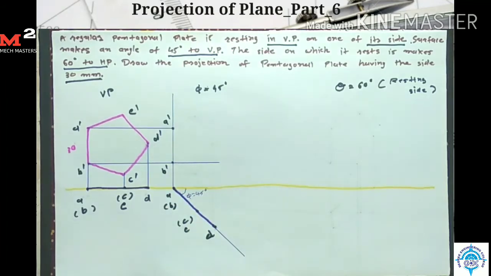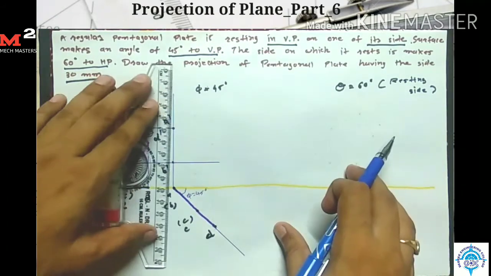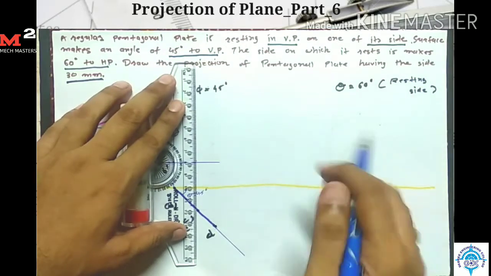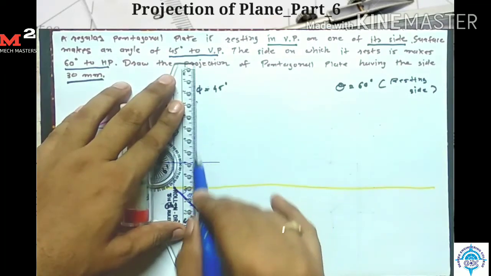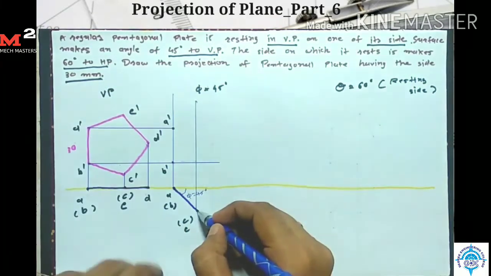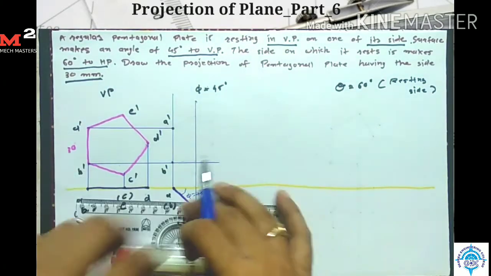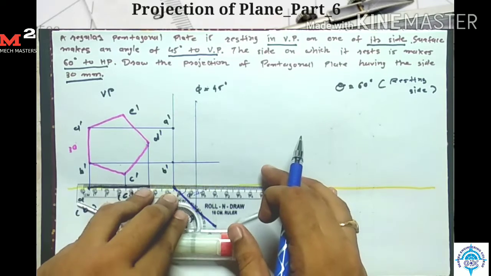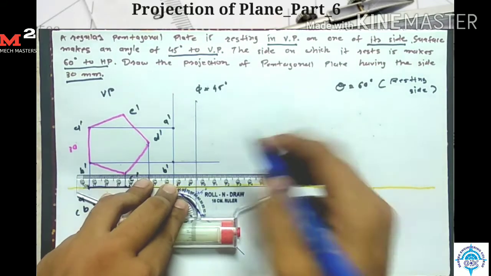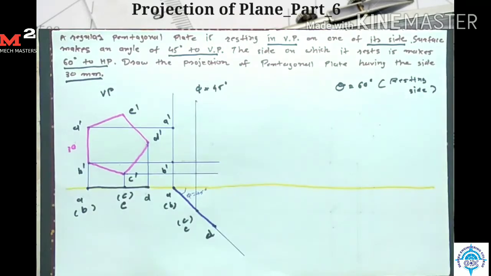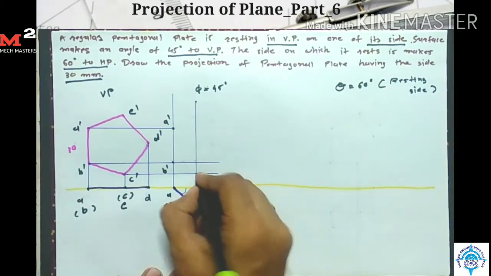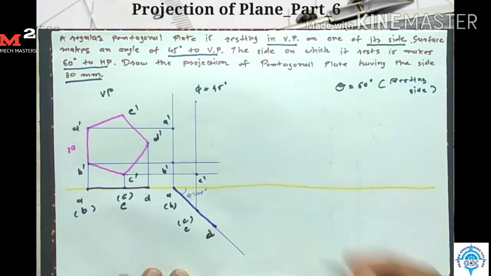Similarly for C dash, I take the projection from this point and from this point. Here the intersection of the two lines gives me the point C dash.